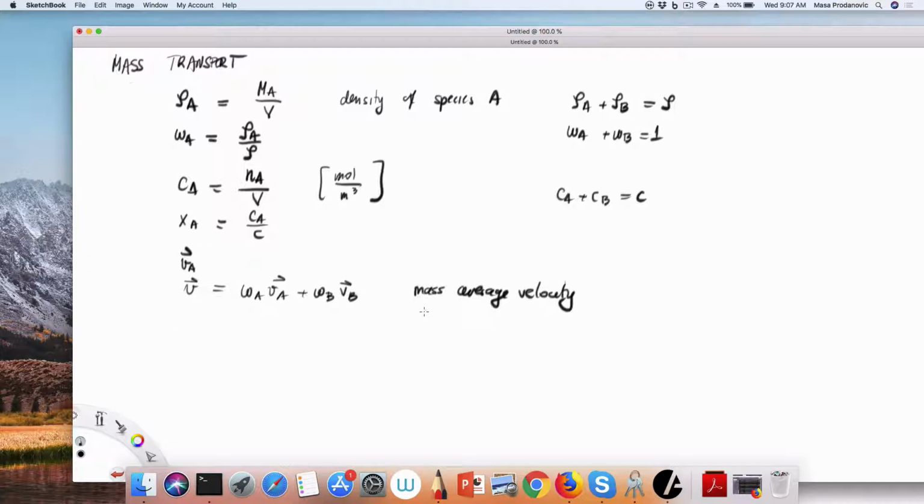If you multiply all of this by rho, you're going to get, for momentum, remember that omega A is rho A divided by rho, so when you multiply by rho, you get this, plus rho B V B. And I can use my molar fractions to average, and they can be slightly different.